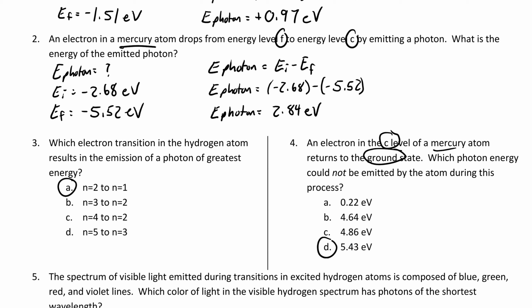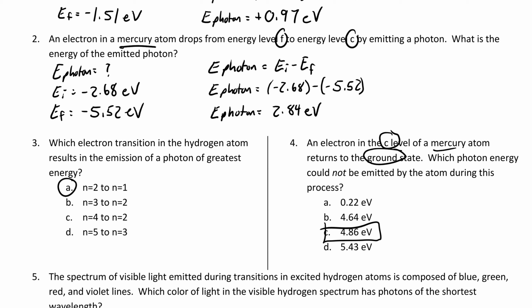Actually, looking at these answer choices, all you had to do was do this first one and be like, hey, the maximum amount of energy that I can emit going from C to the ground state is 4.86 electron volts.